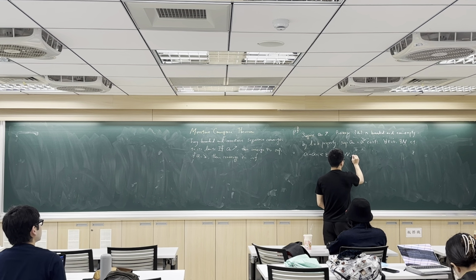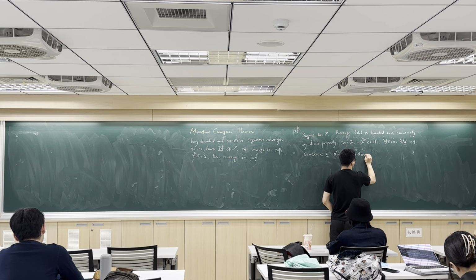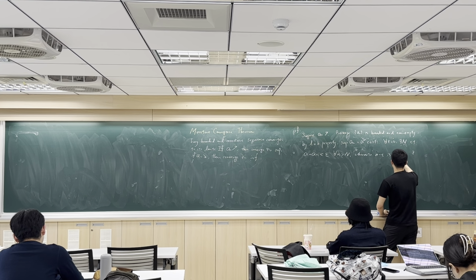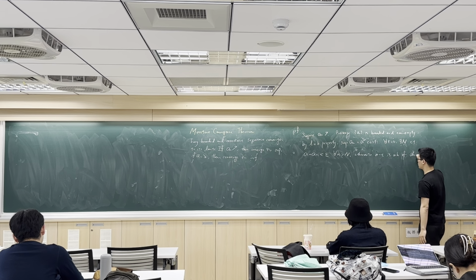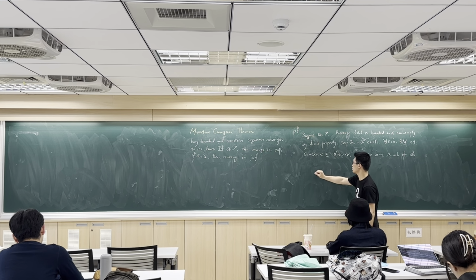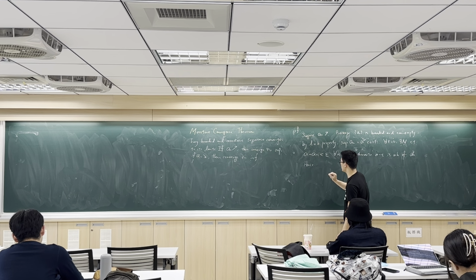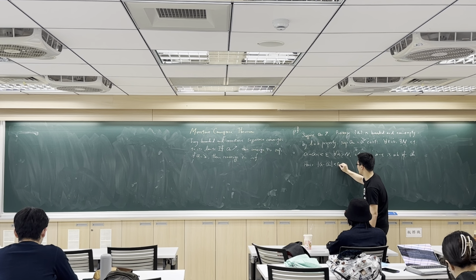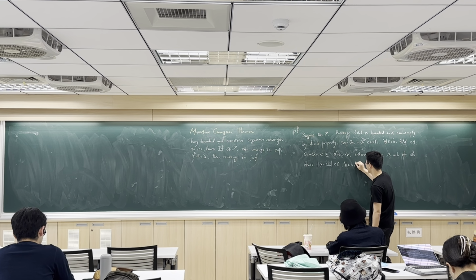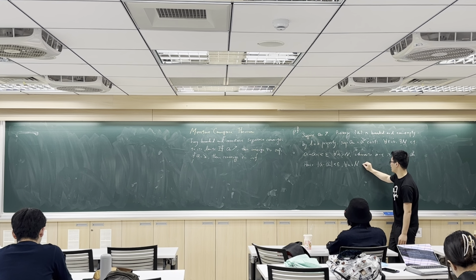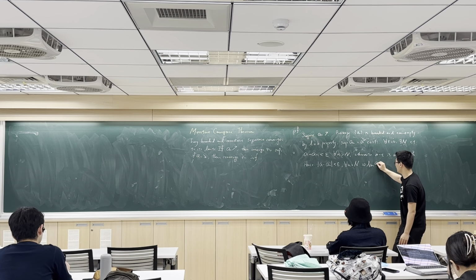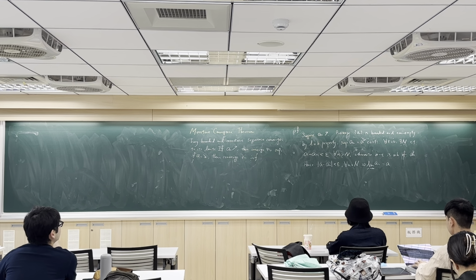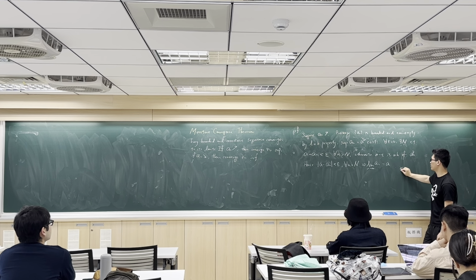I think I should write it down. Otherwise, A minus epsilon is an upper bound of a_n. So using this property, we have A minus a_n is smaller than epsilon for every n larger than N, which implies the limit of a_n is equal to A.